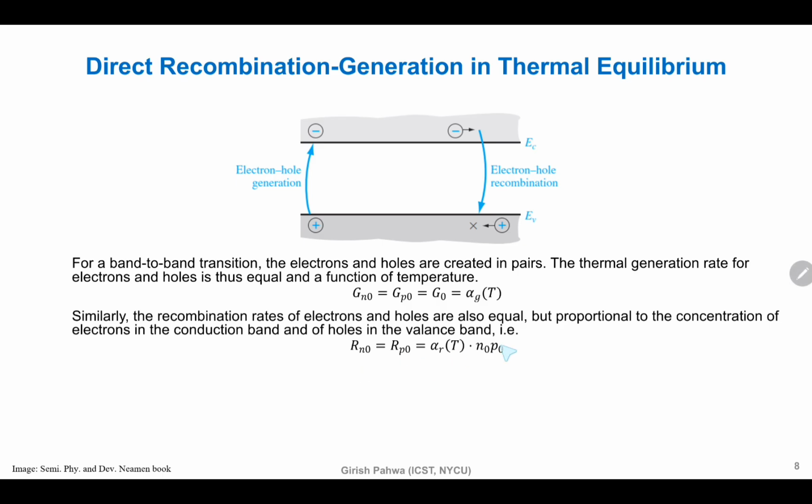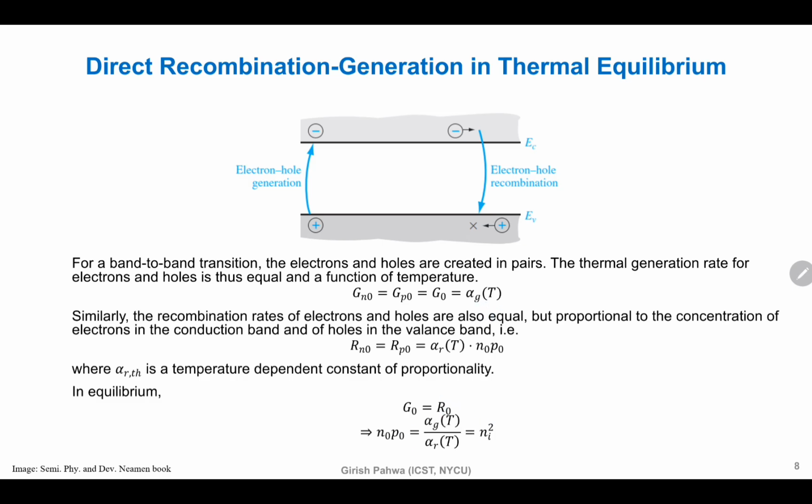Now, in equilibrium, the net generation rate and the net recombination rate have to be equal. In thermal equilibrium, the rate at which these are created equals the rate at which they are destroyed. So G naught has to be equal to R naught, and you can equate the two.